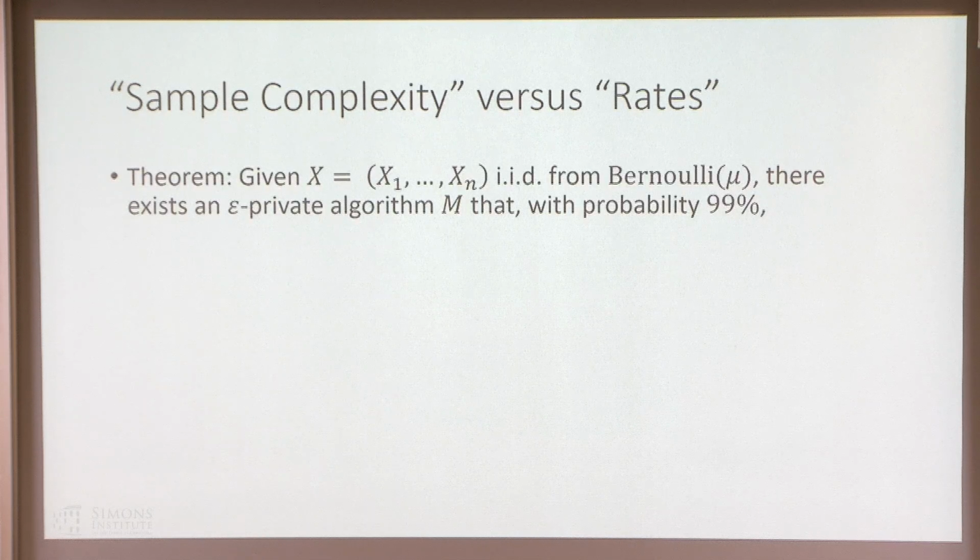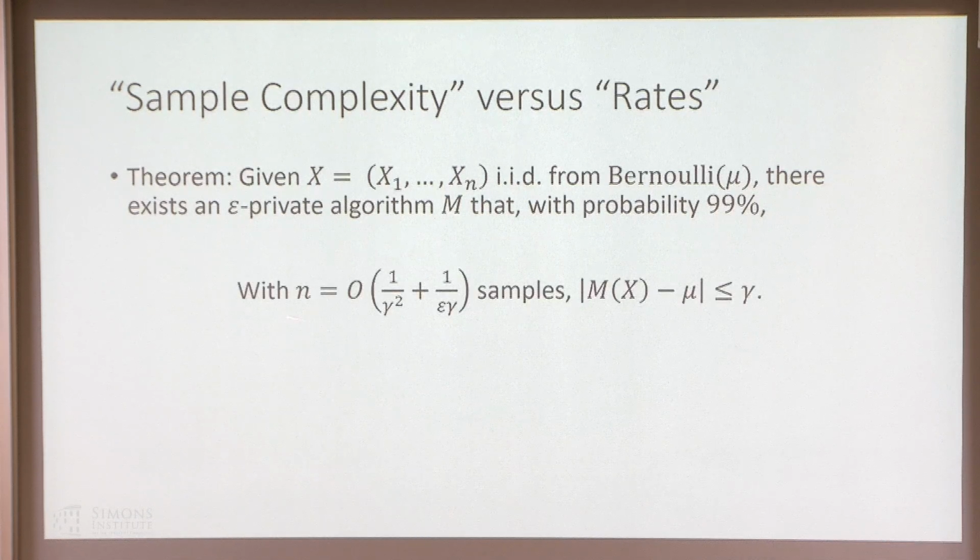I'm not going to prove it for you, but essentially, if you have data generated from a Bernoulli distribution with some unknown parameter, there exists a private algorithm which, with probability 99%, if you take sufficiently many samples, n equals O of 1 over gamma squared plus 1 over epsilon times gamma samples, then we'll have the guarantee that it's accurate up to gamma.